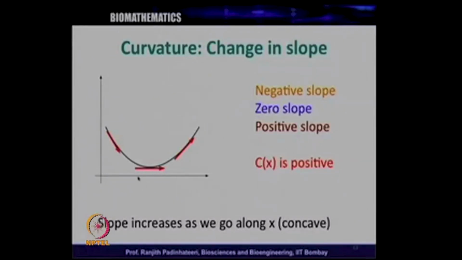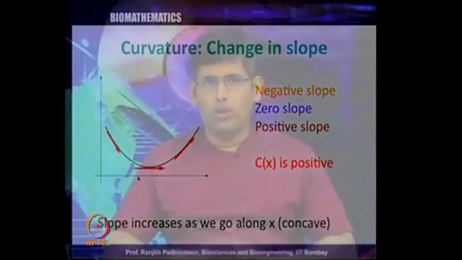So, two things you should understand from the last few slides on curvature, the two take home messages. Whenever you have a curved function, a function that is not a straight line, the slope itself varies, and sometimes the change in slope can be positive or negative.